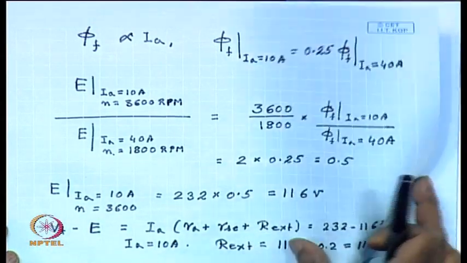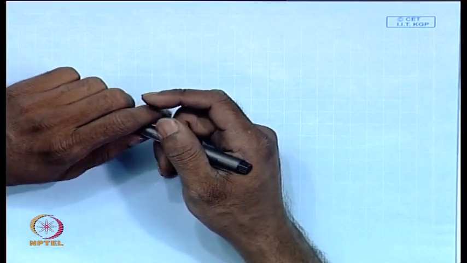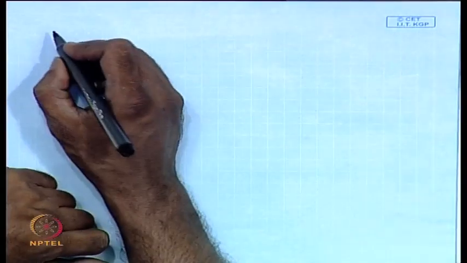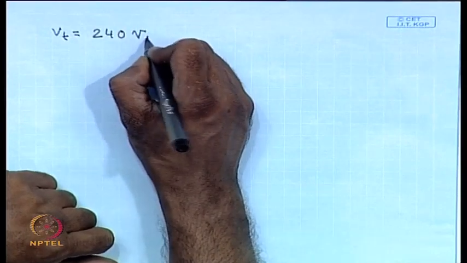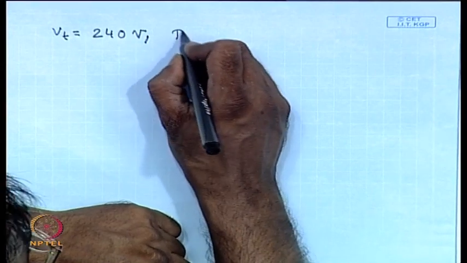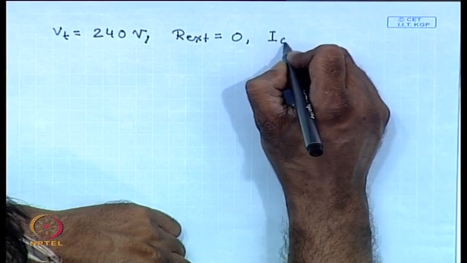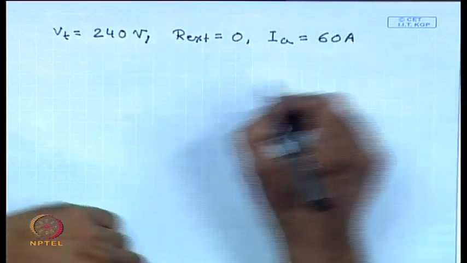Let us now try to find out, if we do not connect any external resistance and increase the load armature current to 60 ampere when the machine is connected to 240 volt, that is V t equal to 240 volts, R external equal to 0 and the loading is such that the armature current is 60 ampere, what will be the speed?